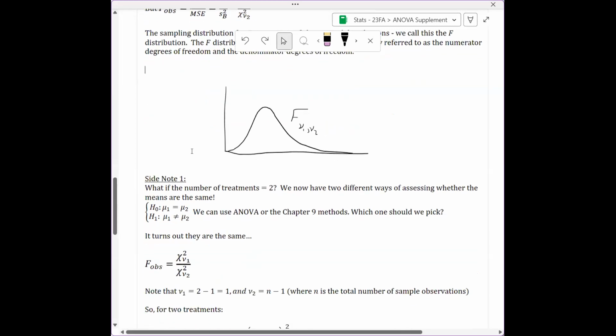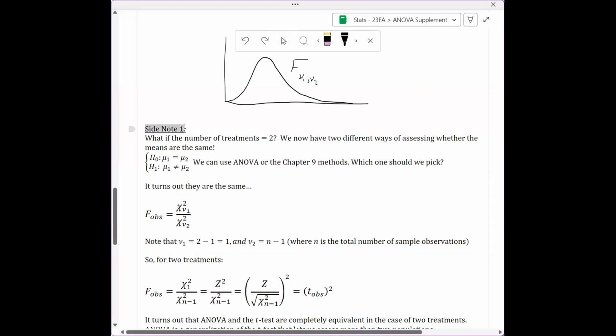Okay, a couple of side notes. The first side note: what if the number of treatments or the number of groups is 2? Well, we can imagine then that the hypotheses are just the null is mu1 equals mu2. The alternative is mu1 not equal to mu2.